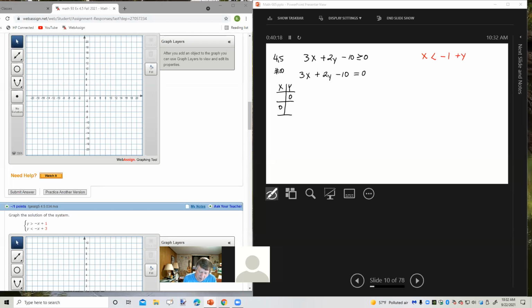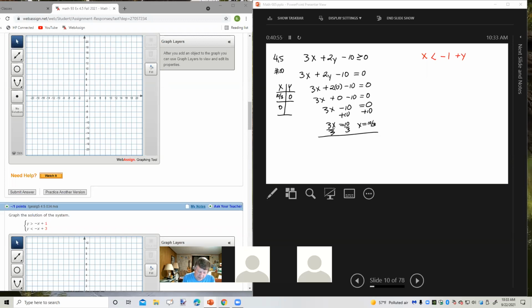So first of all, if y is 0, we get 3x plus 2 times 0 minus 10 equals 0, which becomes 3x plus 0 minus 10 equals 0, which becomes 3x minus 10 equals 0. By adding 10 to both sides of the equation, we get 3x equals 10. Dividing both sides by 3, we get x equals 10 thirds. Okay.